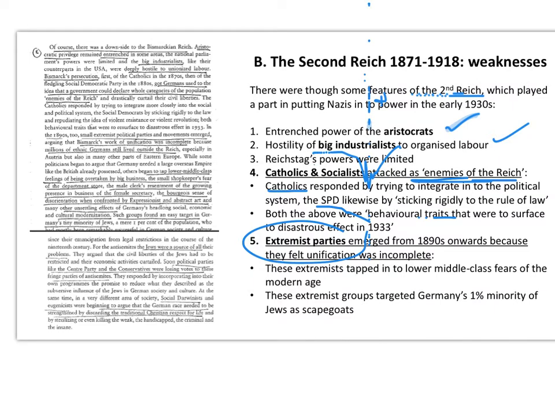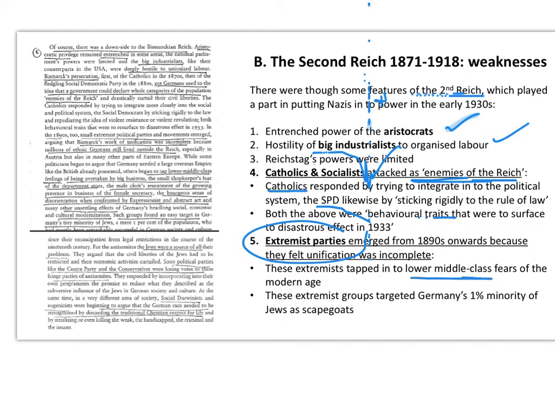We know that Nazism was an extremist movement that was born outside normal politics, that came from the streets. Well, in the 1890s, think about Weltpolitik, there were pressure groups like the Pan-German League, the Agrarian League and the Colonial League that took a very radical, often violent view towards politics, often backed by the lower middle classes. And the Nazis were also backed by the lower middle classes.